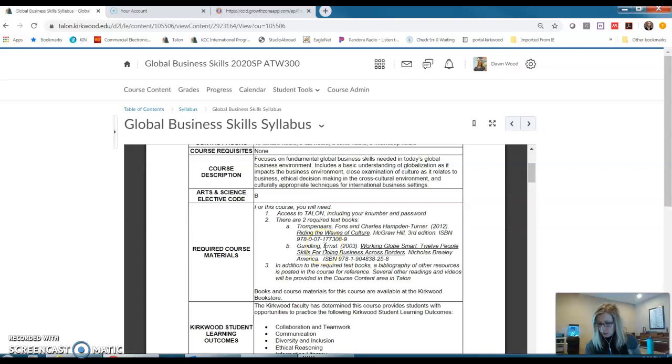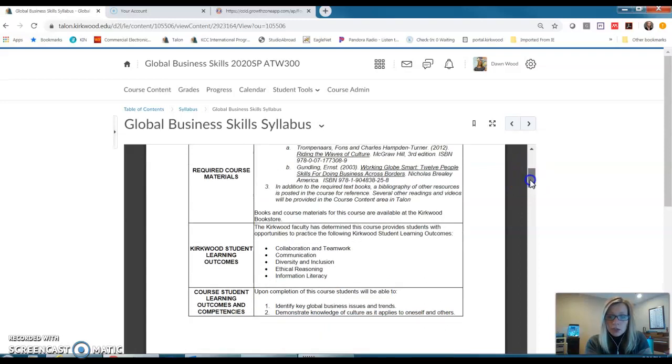Riding the Waves of Culture, I actually have those here in my handy dandy desk. Riding the Waves of Culture and Working Globe Smart. So these 2 books are key resources for you in this course. And you'll be expected to use these books in your discussion forums and in your assignments. So be sure to get both of those books and utilize them in the course.